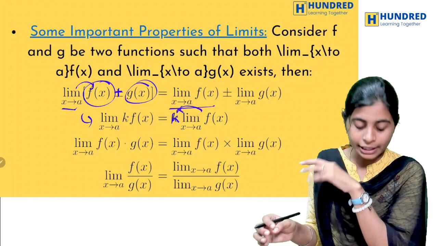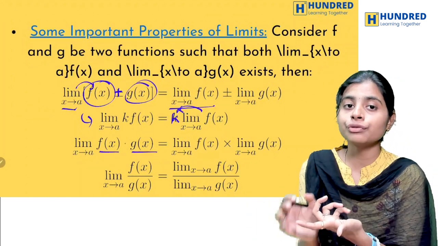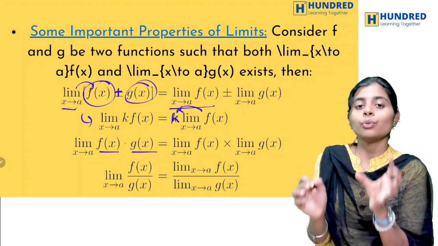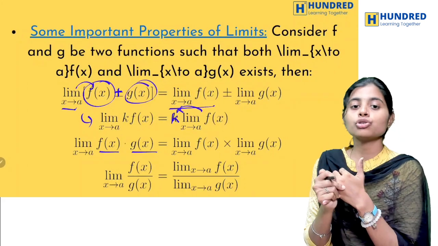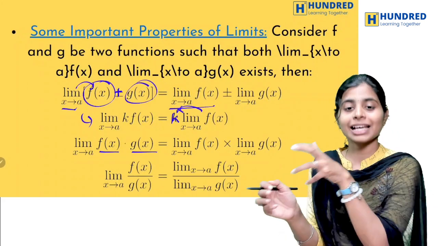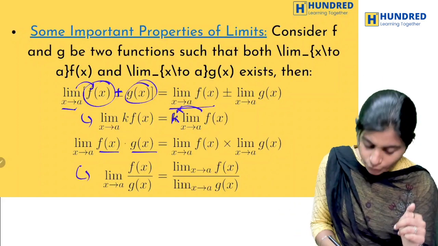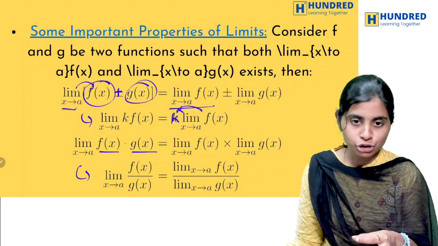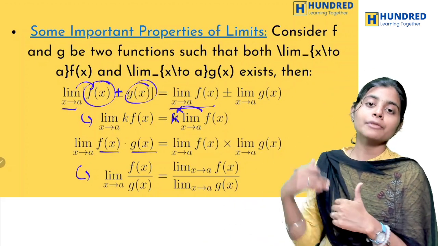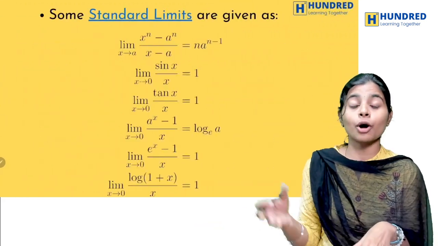Then limit x tends to a of f of x and g of x: if we have the two functions in a product, we can also substitute limit x tends to a for the function f of x and limit x tends to a for the function g of x. Then it is also satisfied for division, that is limit x tends to a f of x divided by g of x, where the limit is common for both numerator and denominator. So these are the important properties of limits.